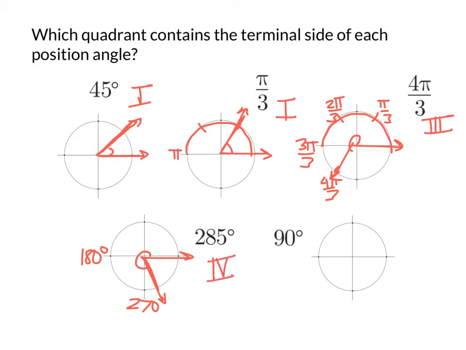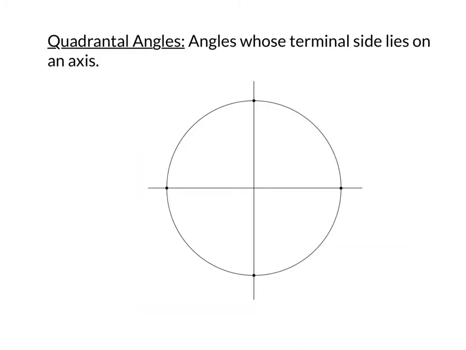For 90 degrees though, that's right here. The question asks which quadrant contains the terminal side. Well, quadrant 1 is over here and quadrant 2 is over here, and 90 degrees is kind of in between them. That makes any right angle a special kind of angle, and we call that quadrantal.